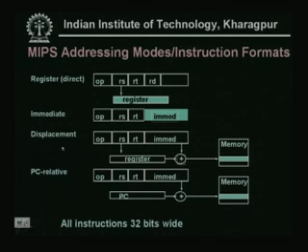Then some displacement. So, here see the immediate value and the RS register; RS and RT are registers. The content of these registers is operated on, and that gives the address of memory.